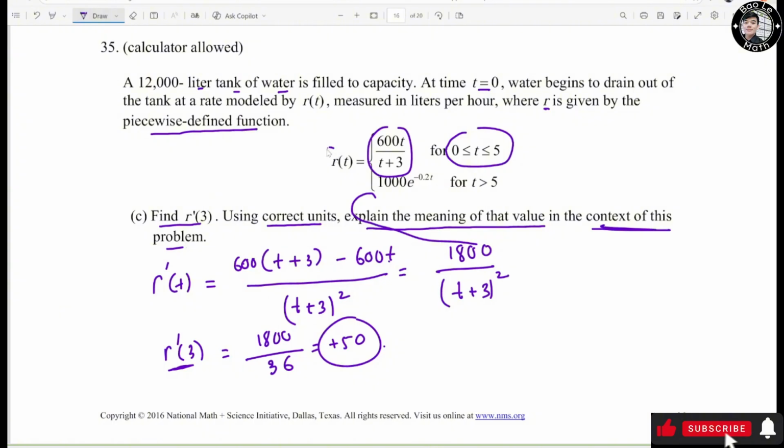Since this function is the rate, we need to say the rate at which water is draining out of the tank at t equals 3 hours is increasing, because we have the plus sign right here, at 50 liters per hour squared. The unit right here is liters per hour, so when you take the derivative of this one, it is liters per hour squared. So keep that in mind.